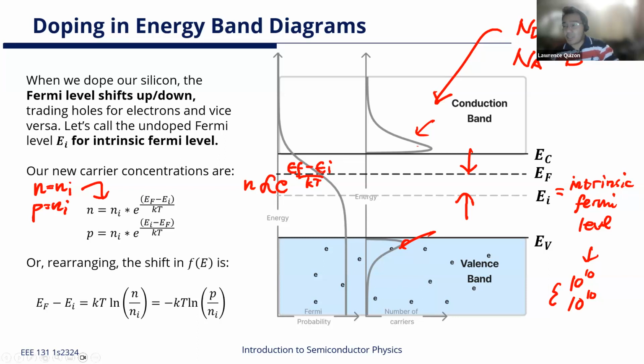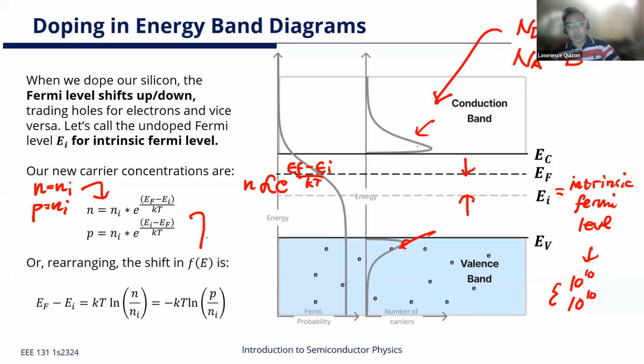So the number of electrons exponentially increases as you go further from your intrinsic Fermi level. That's something we would like to know. This is the new equation for that.